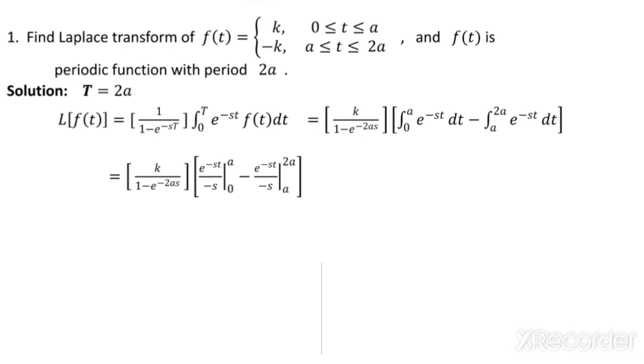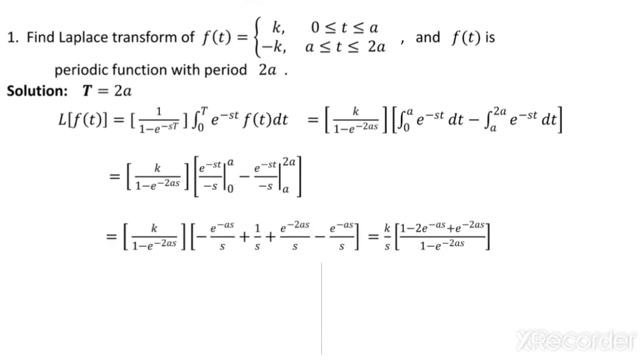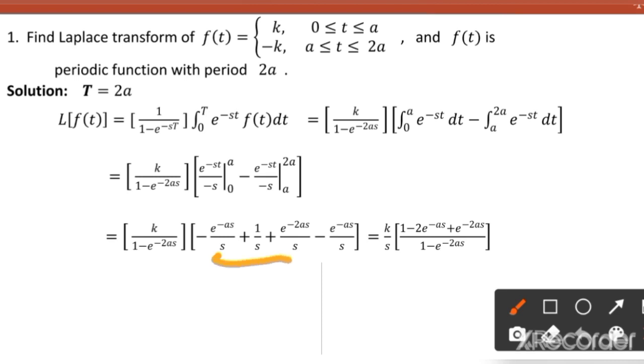So this gives k by 1 over 1 minus e power minus 2as, which is constant anyhow. So apply the limit, upper limit is a minus lower limit. So we have minus 1 over s, which is anyhow constant, times e power minus as minus e power 0, that is 1. So multiply that by minus 1 over s. So we get e power minus as by s minus of minus plus 1 by s.